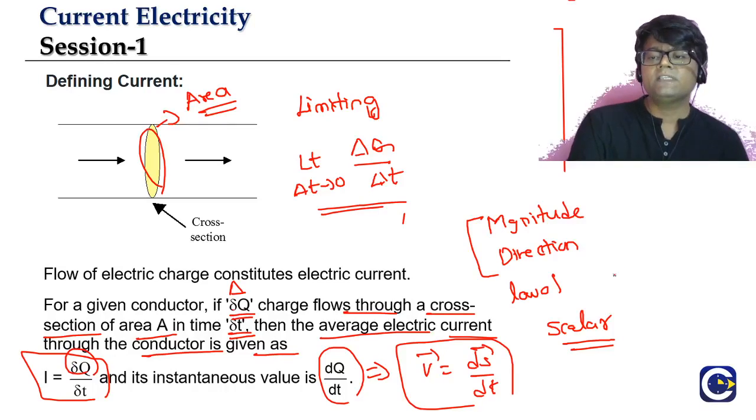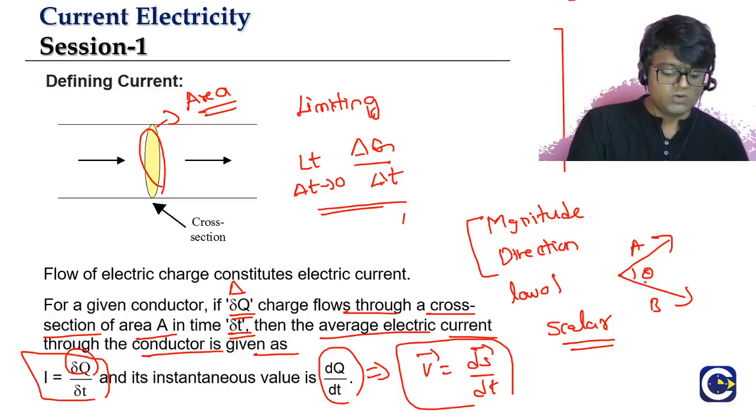If we have two physical quantities, say A and B, the resultant of them will depend upon the angle between the two. The resultant will be given by the root of a square plus b square plus 2ab cos theta. The electric current does not satisfy that.